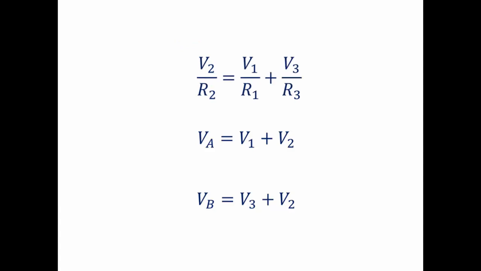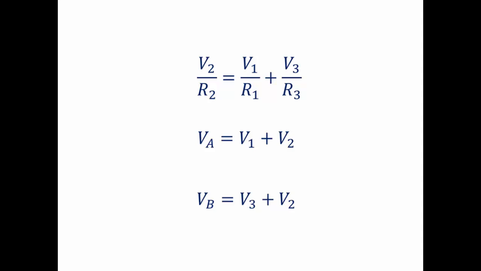Likewise, I can replace the other 2 with V1 over R1 and V3 over R3. So now I've got these 3 equations in terms of just the 3 unknown voltages, the voltage drops across the 3 resistors. So I have 3 equations and 3 unknowns. Remember, all the other things are known. The 3 resistances, R1, R2, R3, they're known, and VA and VB are known. So I can use these equations to solve for the 3 V's.